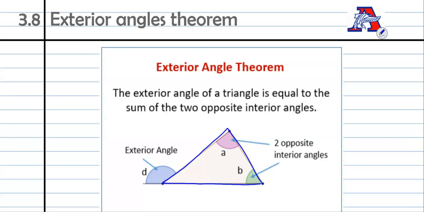Maybe we want to call it angle C. But that one on the outside, angle D, happens if we were to keep extending our triangle, we would end up with this angle here, this exterior angle. And that exterior angle will always be equal to the sum, or if you add together, the two angles on the opposite side of the triangle.